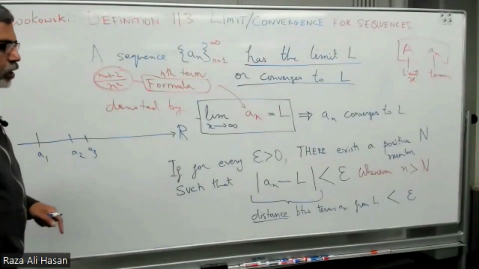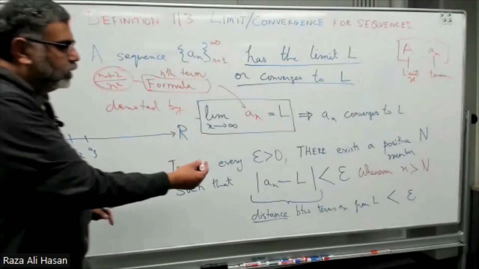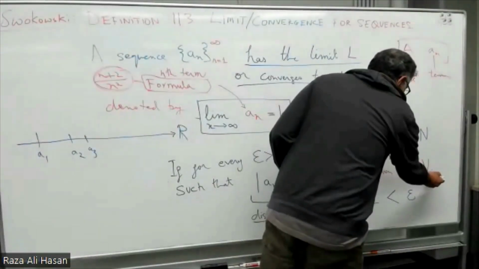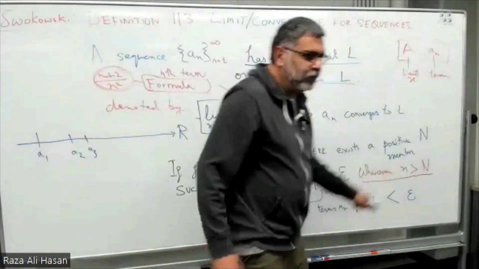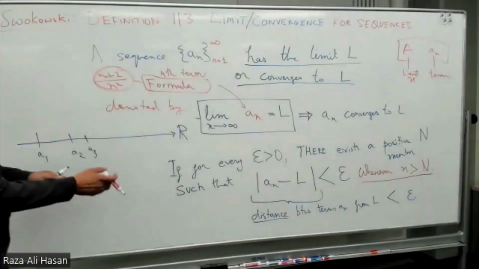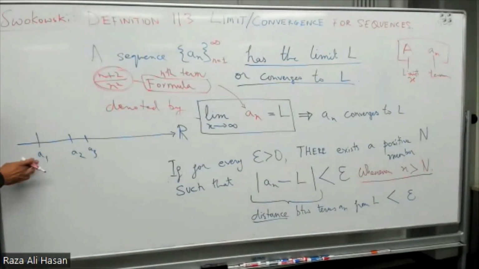This is the key thing. This is the difference in the definition of limit. This is not what you will find when you're doing functions. So what happens here is we got A1, A2, A3. These are all ANs.